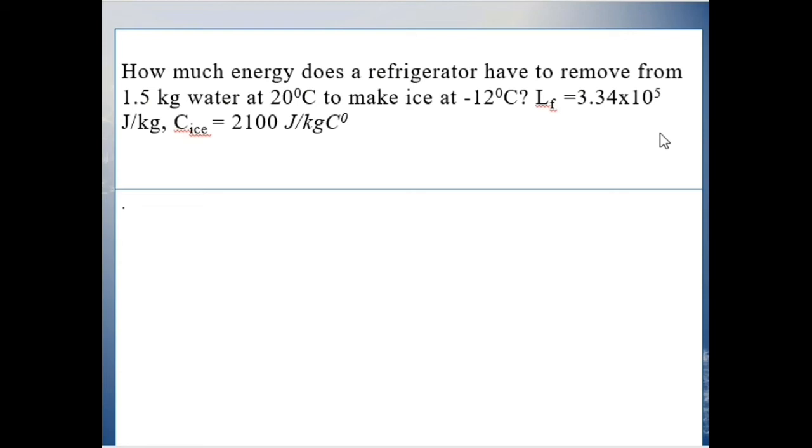And the C of ice is 2,100 joule per kilogram Celsius degree. C of water is 4,186 joule per kilogram Celsius degree. So again, let's draw the graph. But you are not required to draw the graph if you can already complete the equation without using it.